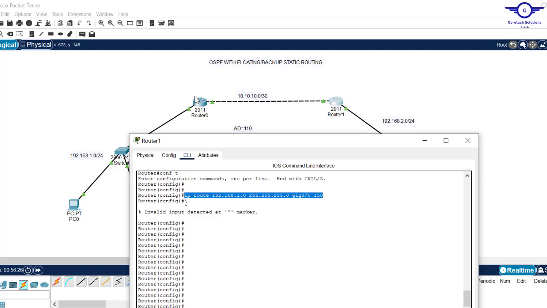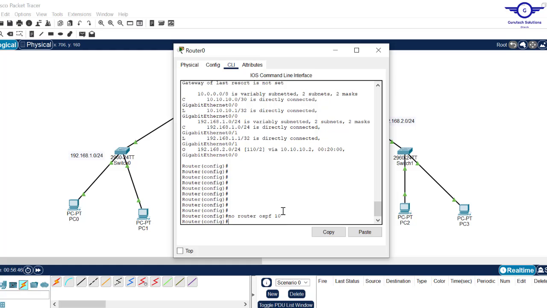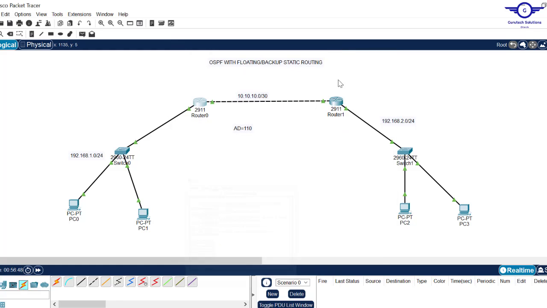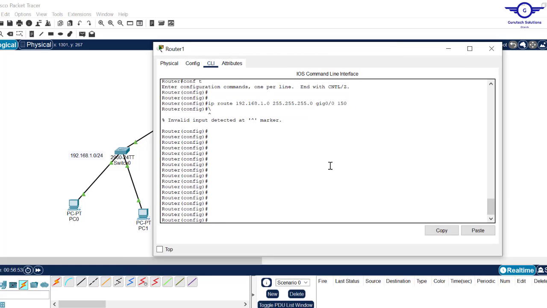So whenever OSPF dies on this router and this router, this backup route will be used. For example, I'll try to demonstrate by disabling OSPF. I just say no router OSPF 10. Yes. Then on this router, also no router OSPF 10.